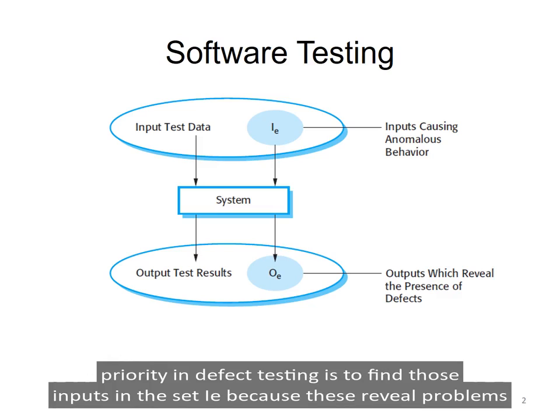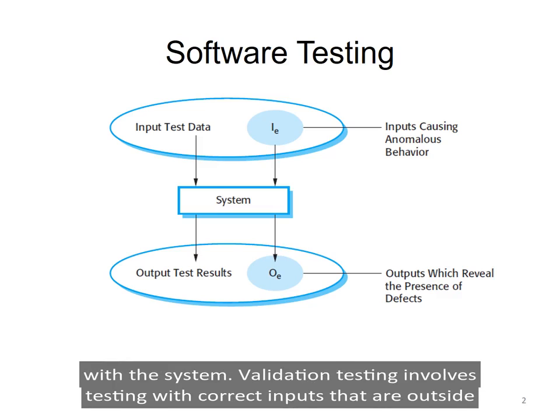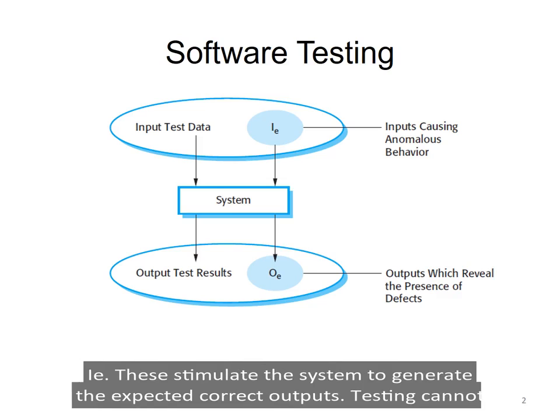The priority in defect testing is to find those inputs in the set IE because these reveal problems with the system. Validation testing involves testing with the correct inputs that are outside IE. These stimulate the system to generate the expected correct outputs.